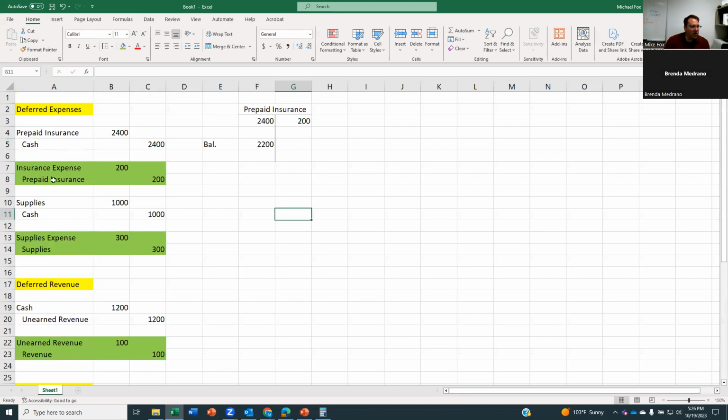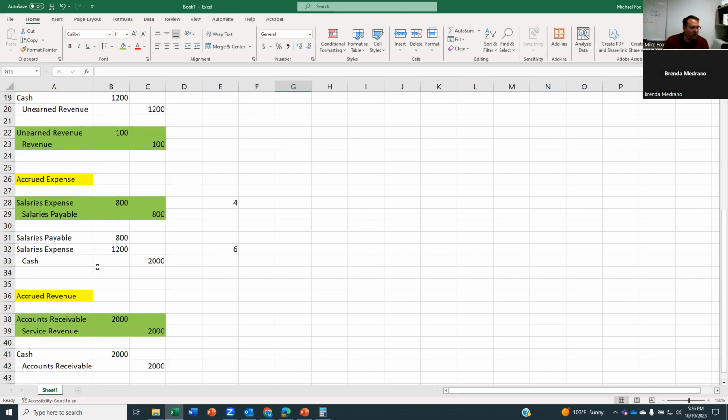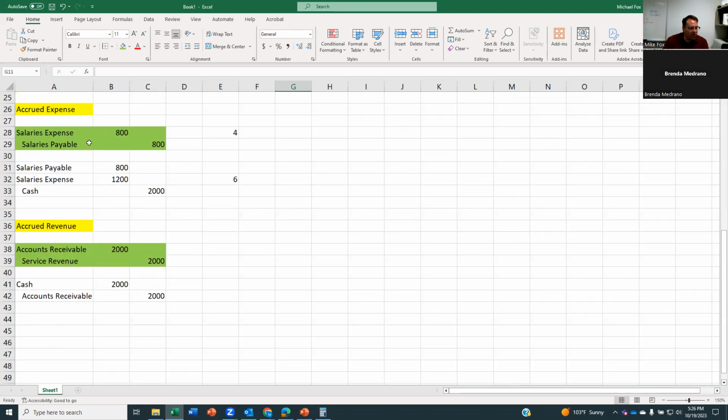With deferrals, it means you either paid cash or received cash in advance, and now you have to record how much of that expense you've incurred or revenue you've earned later. And then with the accrueds, it's recognizing the expense or the revenue in advance, and then you're going to collect on it later or pay it later.